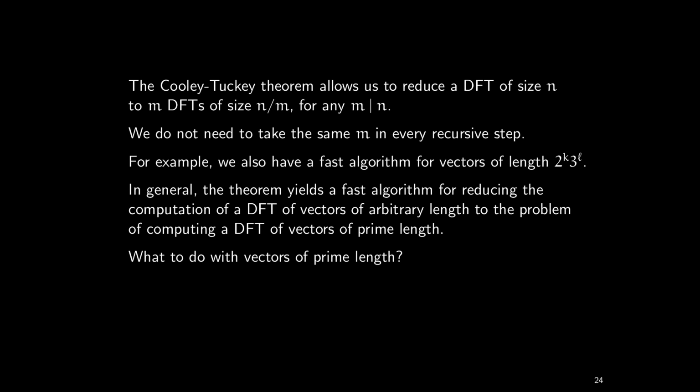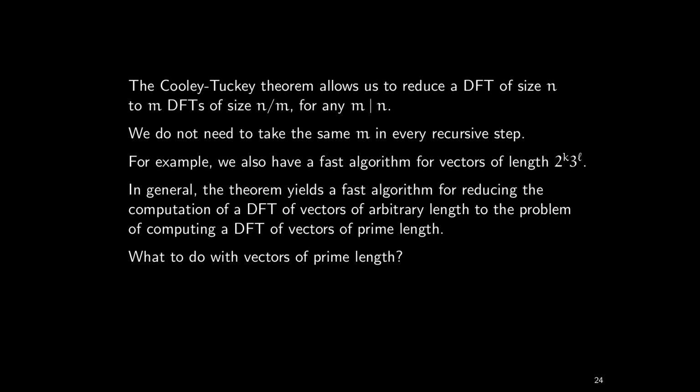For example, when I'm in a situation where I cannot just extend the vector by padding it with zeros. We can do this because we are interested in multiplication, but there are other applications where you cannot easily do this. So the problem remains, how can I efficiently compute a DFT of vectors of prime length?